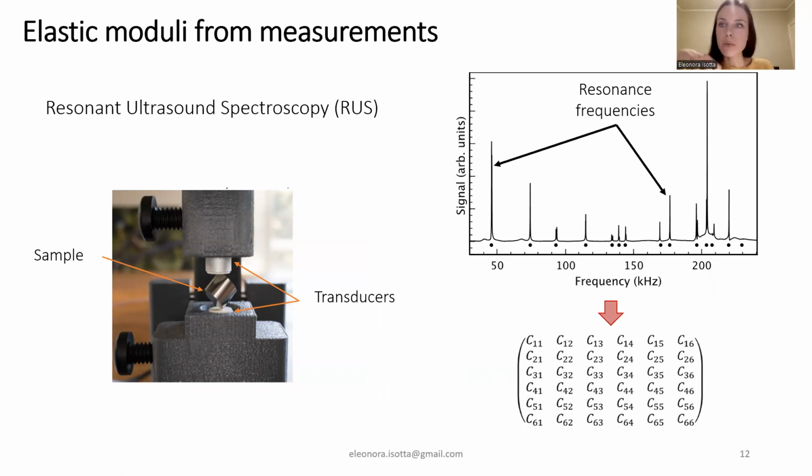And then they will be able to pick up at which frequencies the sample resonates. So by building a model and by fitting the frequency dependence of the resonant peaks, we are actually able to understand the elasticity matrix, since the frequency location of these resonances will depend on the elastic properties and the geometry of the sample. That is something that we know.